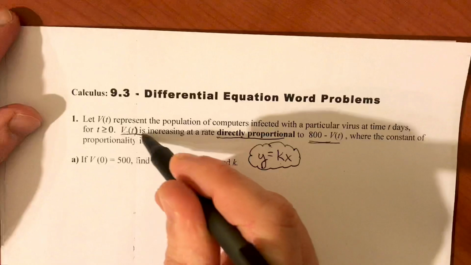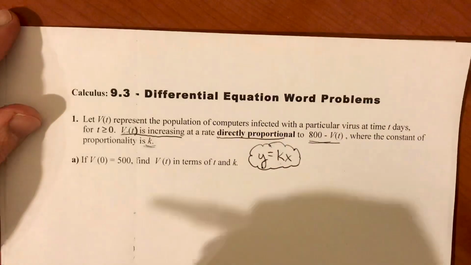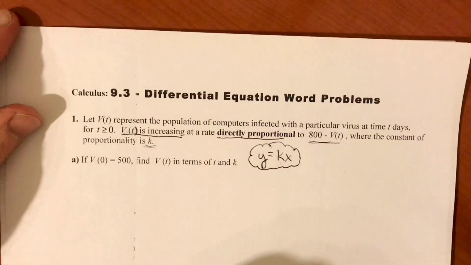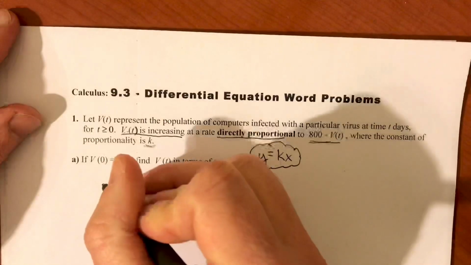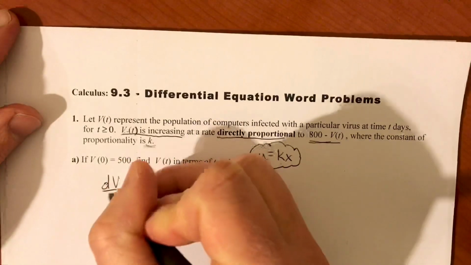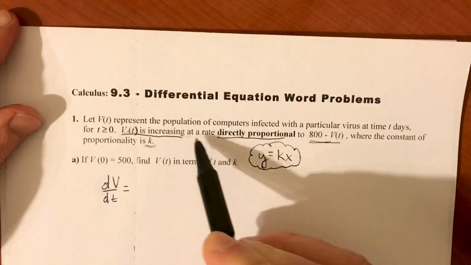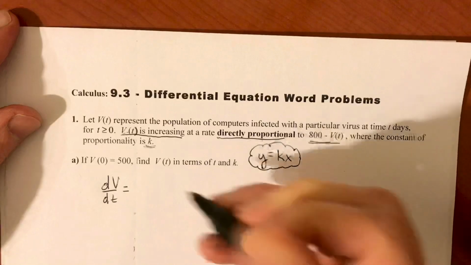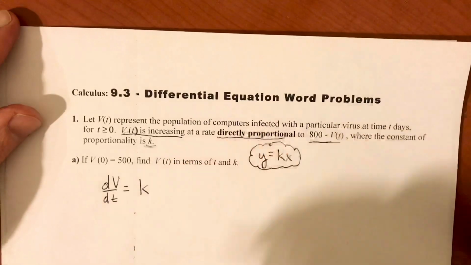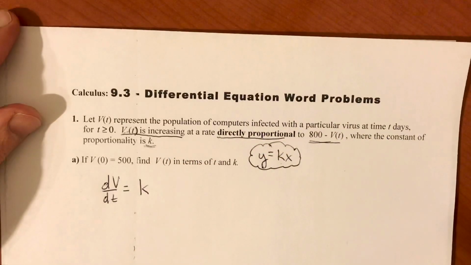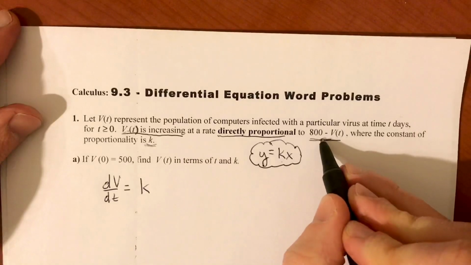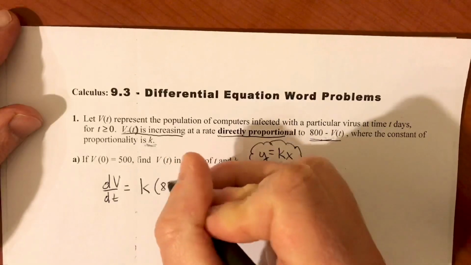v of t is increasing. So similar to related rates when we saw that kind of phrase, that's discussing the rate of change of v of t, or dv/dt, is increasing at a rate directly proportional, so by some constant multiplied by this quantity, 800 minus v of t.